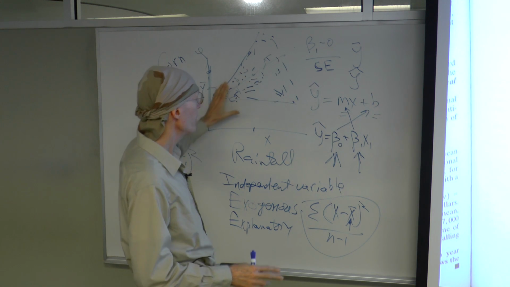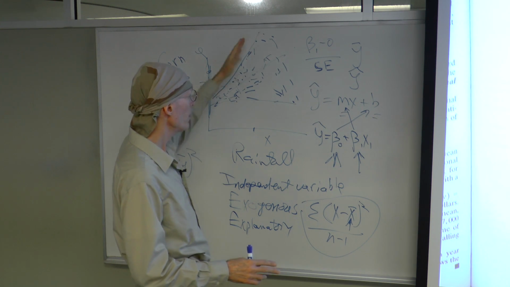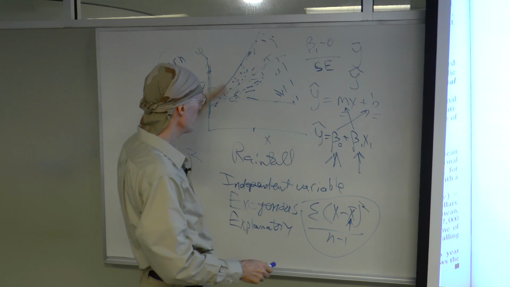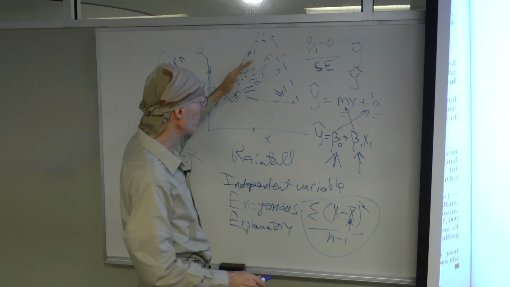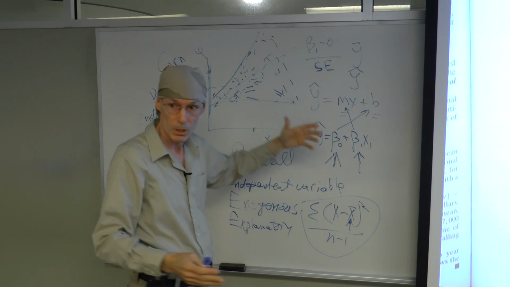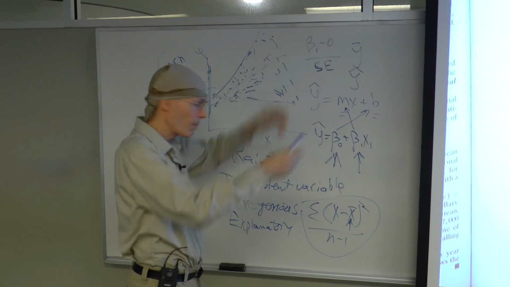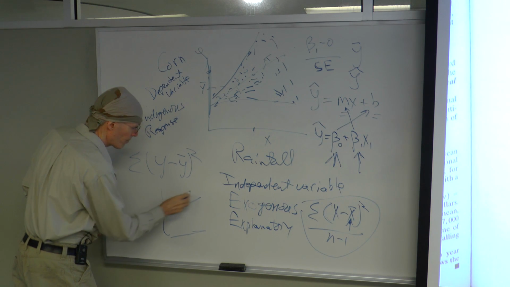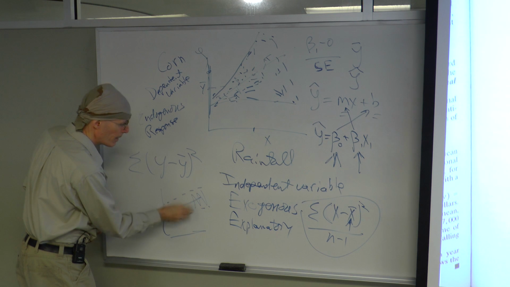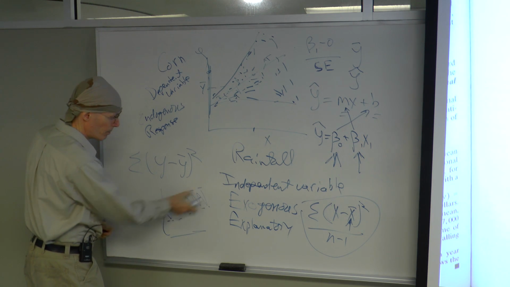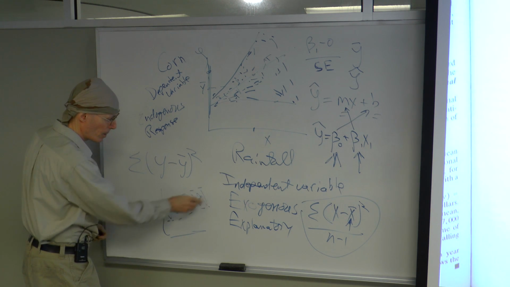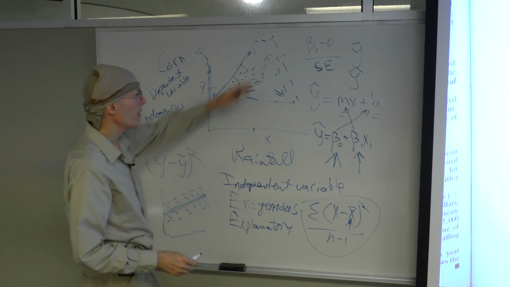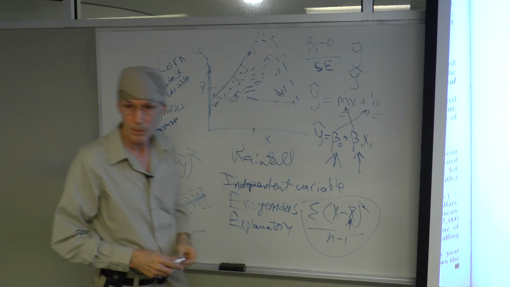But when it's not distributed in an equal manner, you have that funnel shape, or another crazy shape, any shape where the data cloud doesn't have an equal distribution around the regression line. Anything different from homoscedastic is called heteroscedastic error.